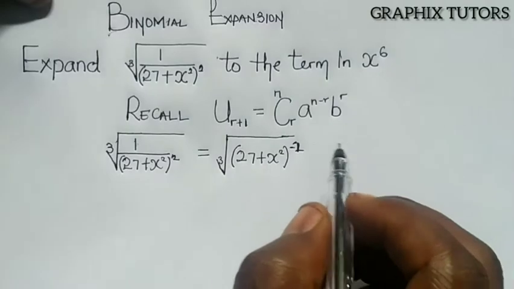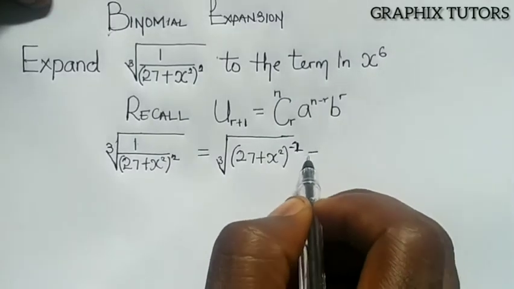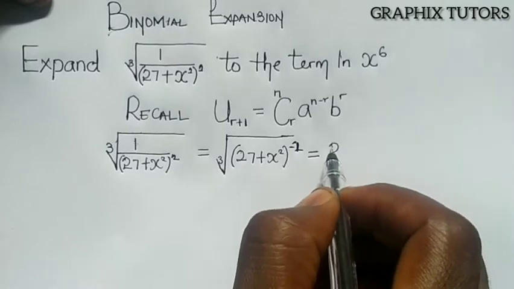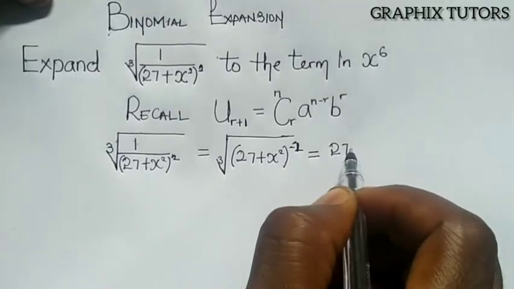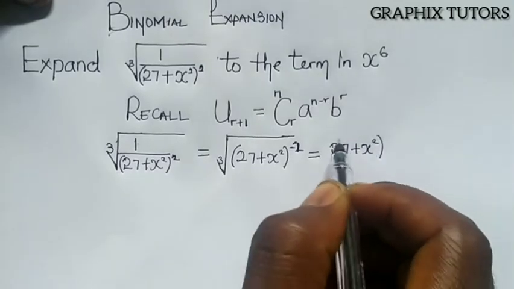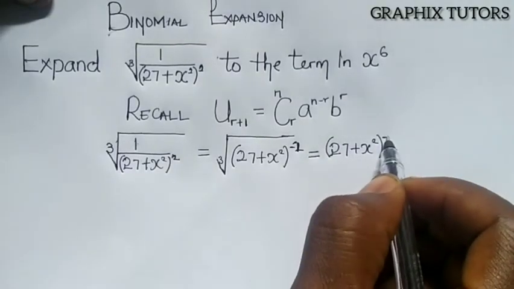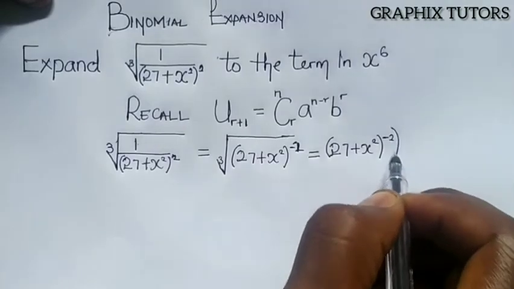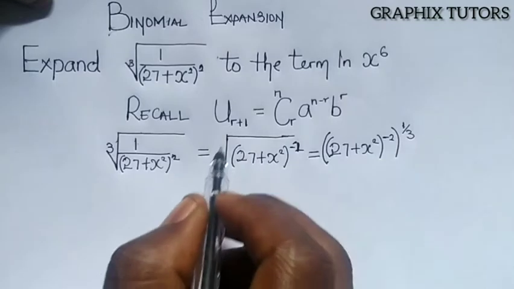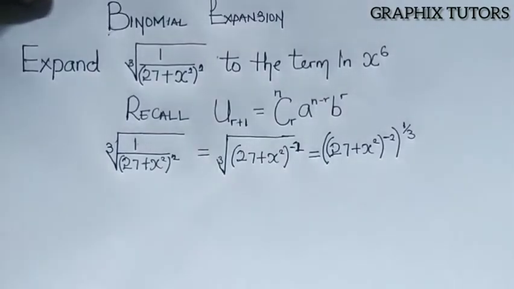Now, which is the same thing as saying (27 plus x squared) all bracket to the power of minus 2, also all raised to the power 1 over 3 because of the cube root sign, your normal indices.